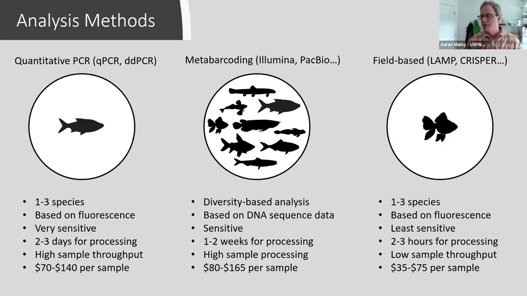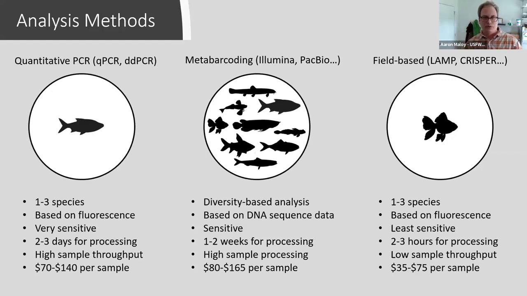We consider both of them to be high throughput in that we can process hundreds or thousands of samples using either one of the molecular methods. The cost of them is relatively comparable. So the numbers that I have up there is an approximation, but the low end of that would be what it costs us to process a sample in the lab for all of the reagents and plastic consumables that we might use in the lab. The high end of that would include personnel costs into that process.